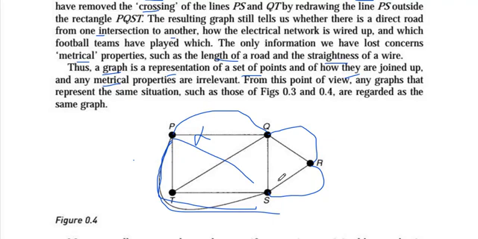A graph only represents a set of points and how they are joined with the other vertices. How straight they are joined, or how big a path they have created, is not relevant. So any metrical properties are irrelevant.